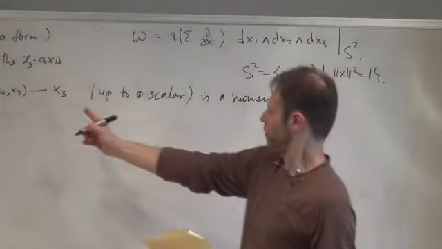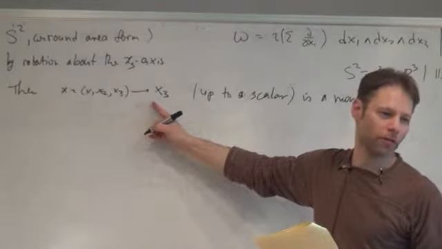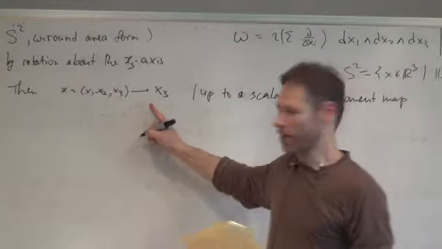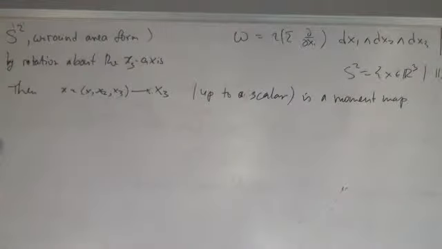So up to, I forget if I need to have a factor of 2 pi or minus 1 here. 2 pi is 1, minus 1 is also 1. Right, so up to a certain scalar that you have to stick in there, it'll generate this rotation.